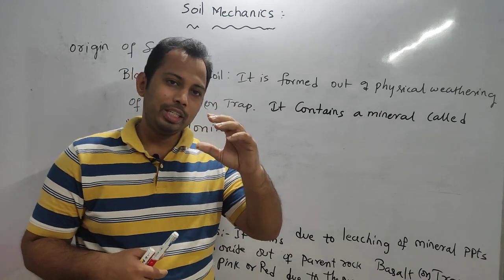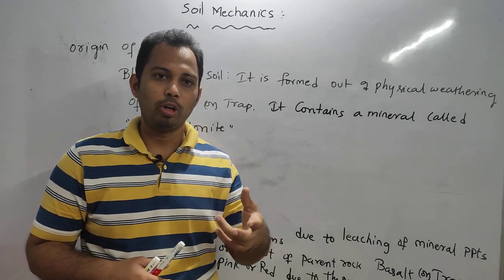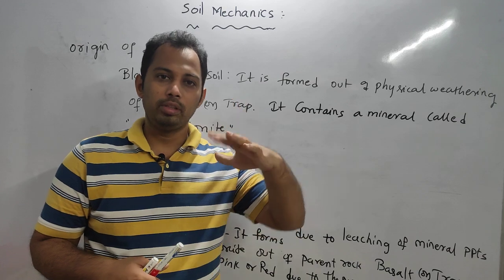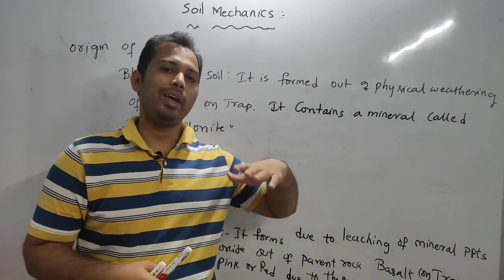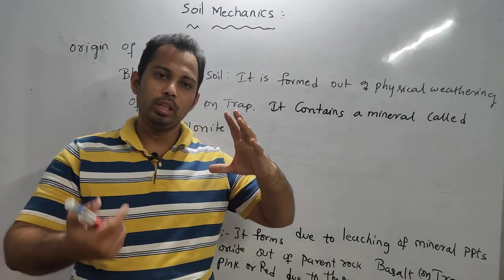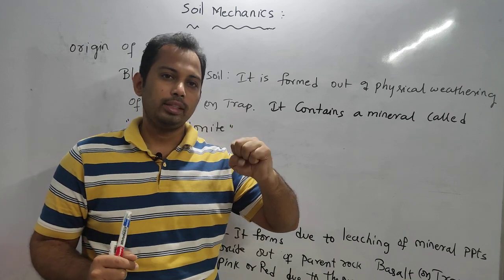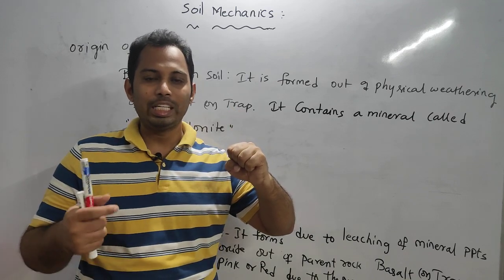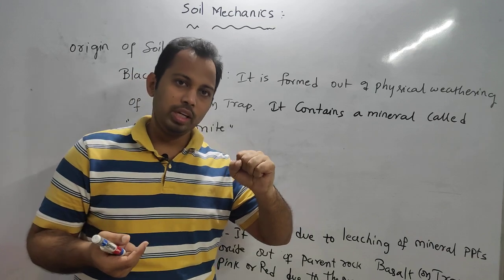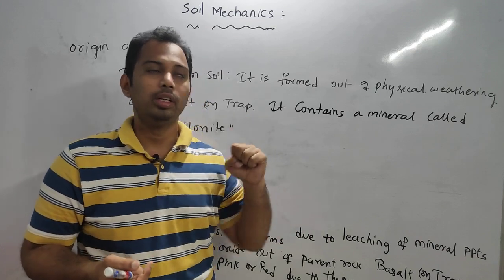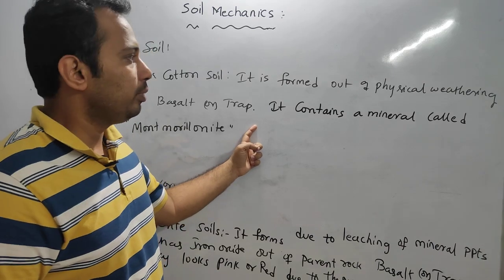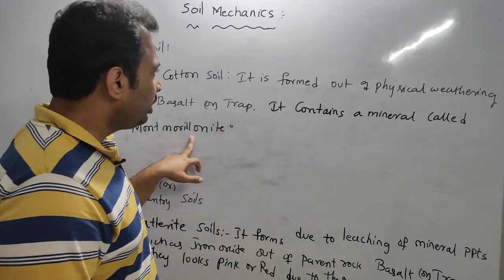So whatever void space the water occupied earlier, now it is completely compressed down. So you will observe excessive swelling during the absorption of water, excessive shrinkage during the expulsion of water. Shrinkage and swelling are very excessive in this soil.